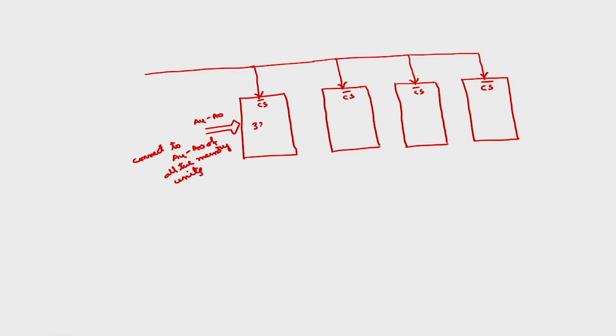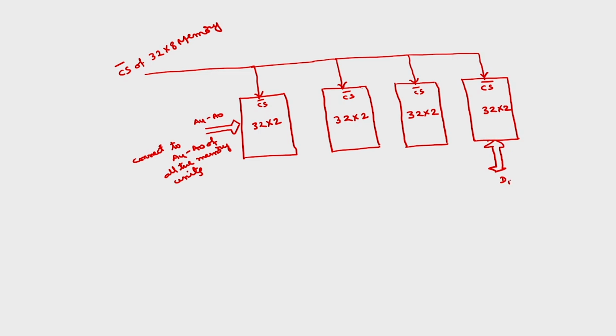This is 32 by 2, this is 32 by 2, this is 32 by 2, this is 32 by 2. This is the overall chip select signal of the required 32 by 8 memory. Here this will give 2 bits of the data.